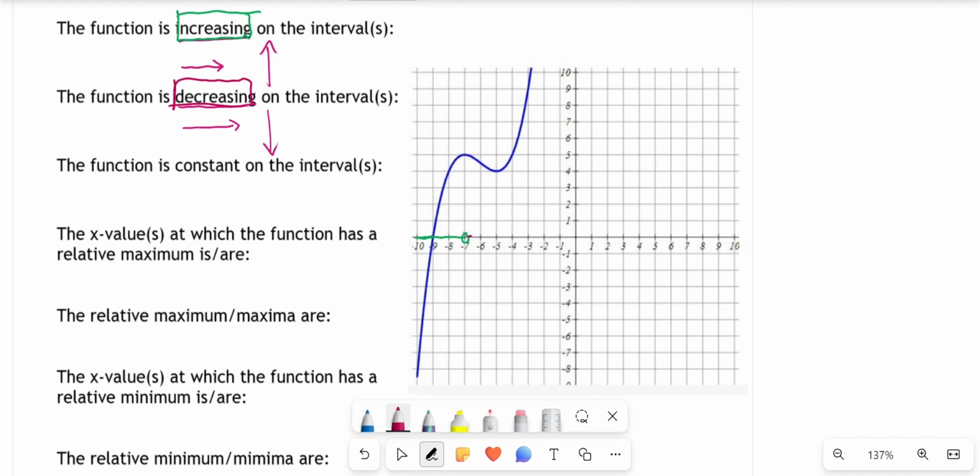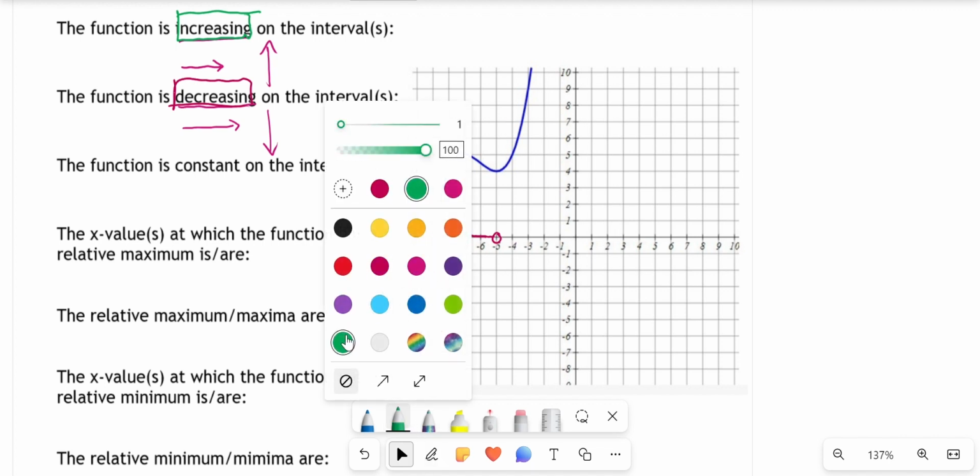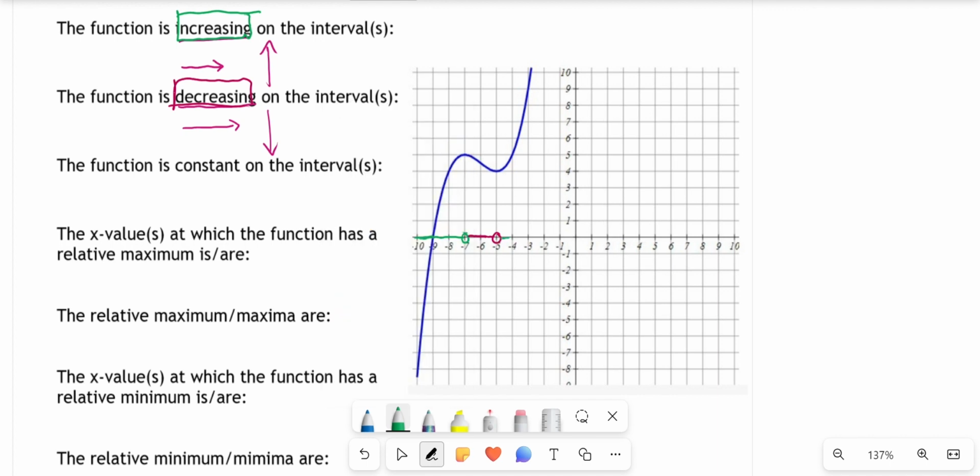So it's decreasing on this component, all the way up to -5, at which point it is neither. And then again, it seems to pick up and go positive. It is increasing now, going up as we go to the right, and that appears to continue. Now, if it goes off the edge of the map, you just continue as if it just continued its pattern.